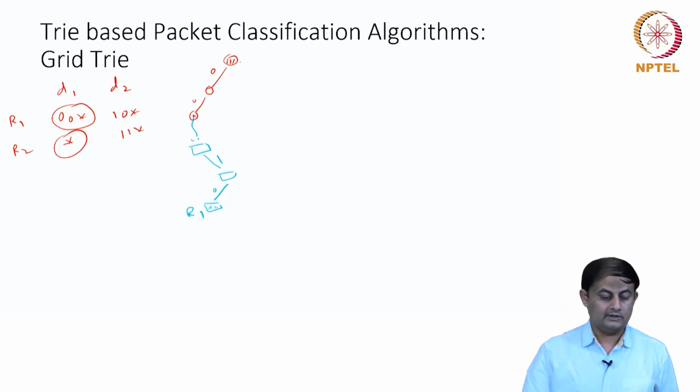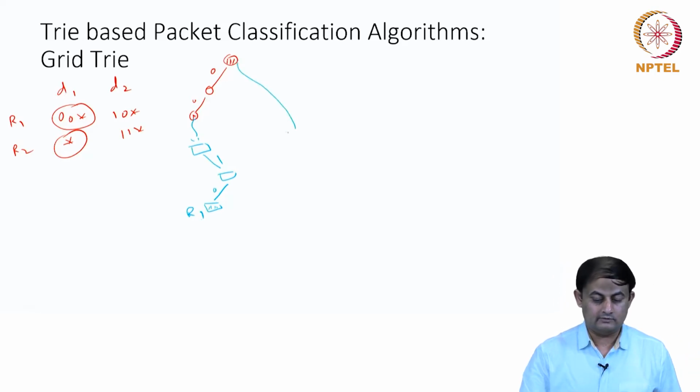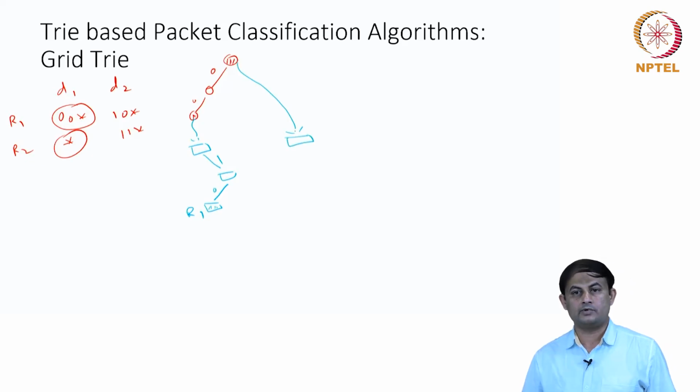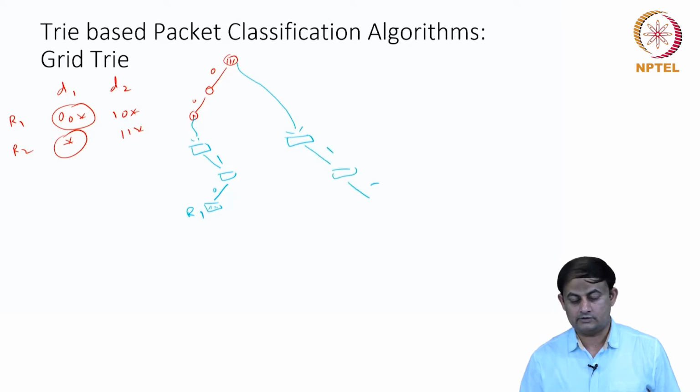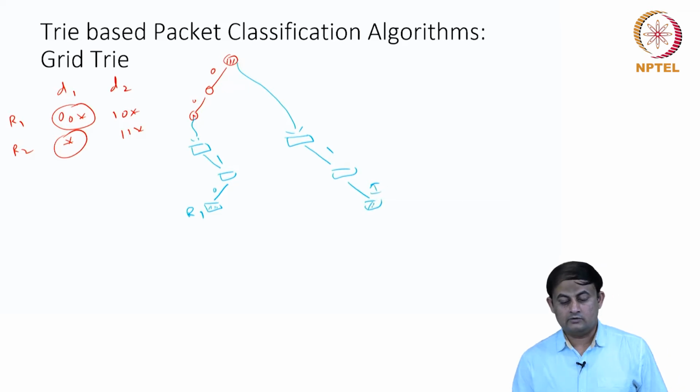And rule R2 says this is star, so I just add a no cost link from the root node to this node directly, and then it says 1 1. So this is the first 1, and this is the second one. So this is your rule R2.